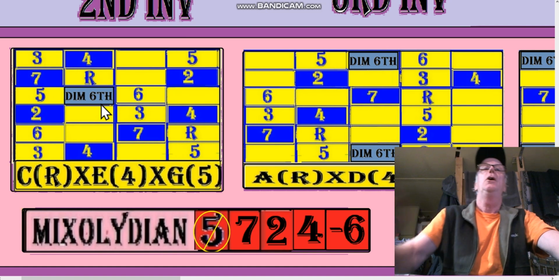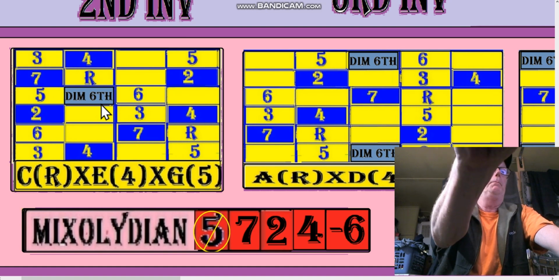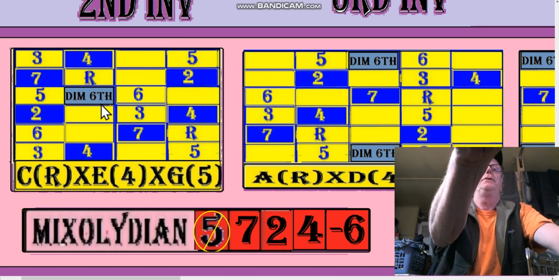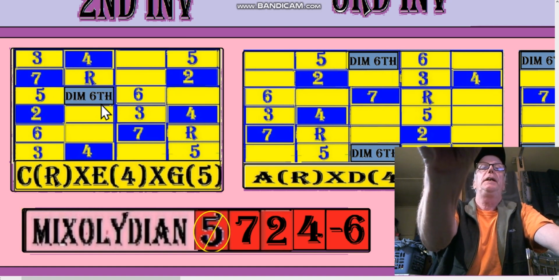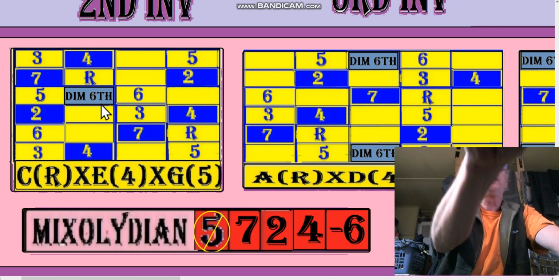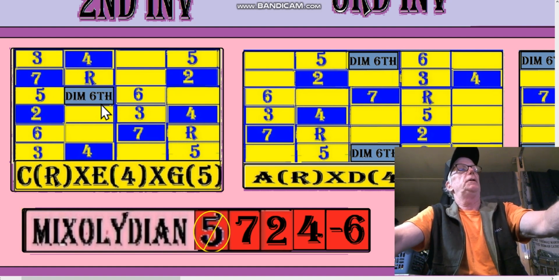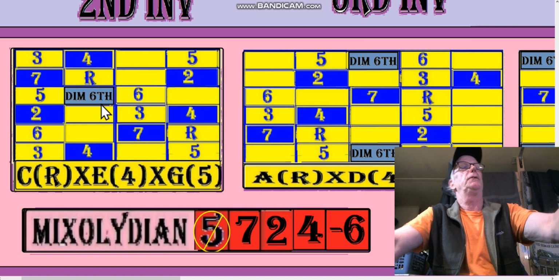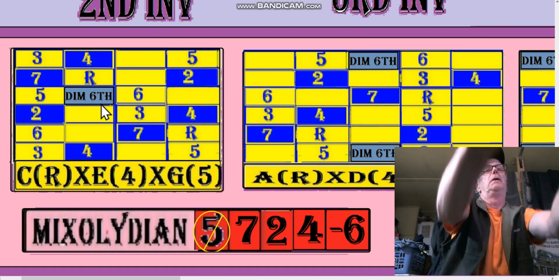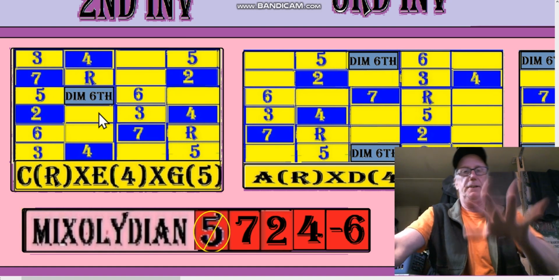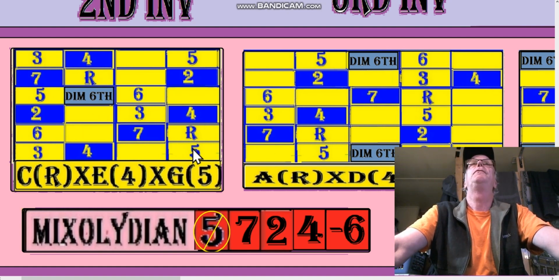It's like a mini, or you might look at it as a Phrygian modulating to a major third. You'll see that if you go from the Mixolydian down to a major third from there. You see that a lot in music, going from a major down to a major third down. You can use it in different contexts, but we're using it in the context of fully diminished.